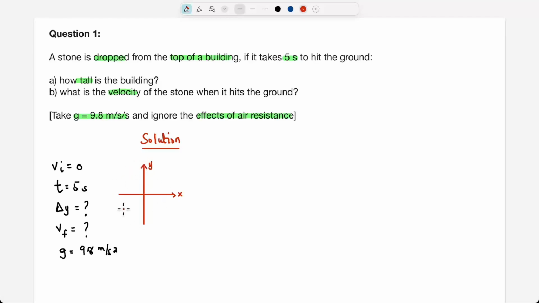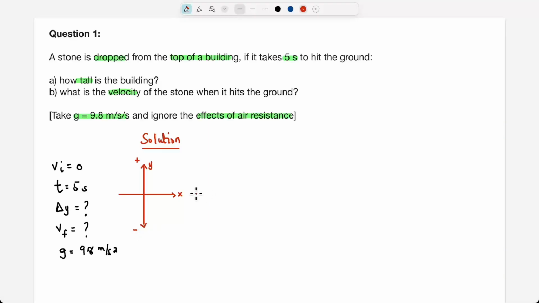So the motion is purely vertical, and there is no horizontal component of this motion. Since we are dealing with vectors such as velocity, displacement, and acceleration due to gravity, we are going to take any vector pointing upwards to be positive, and any vector pointing downwards is going to be negative.